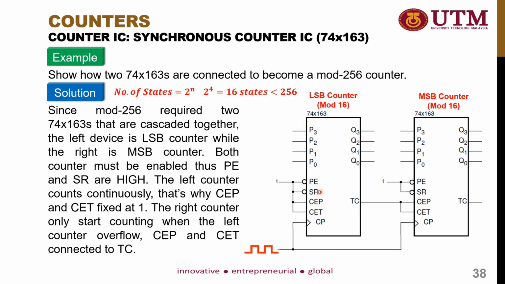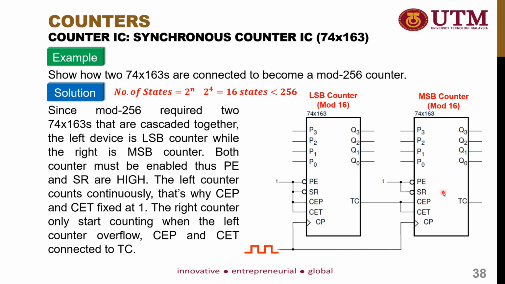We also don't want to reset our counter, so we disable the input SR by giving it 1. We want our counter to start counting, so we give the input of 1 for CEP and CET. As usual, we give the external input clock to each synchronous counter.